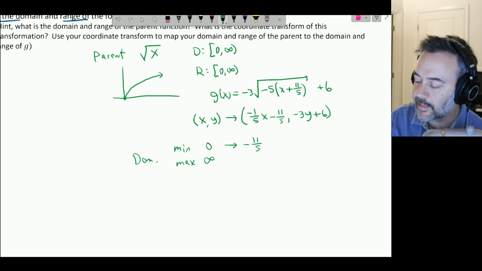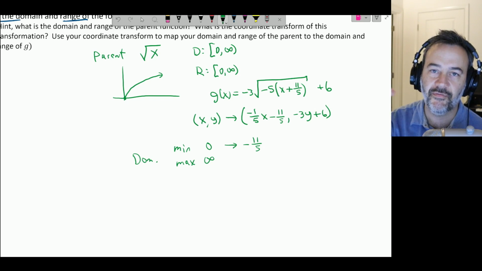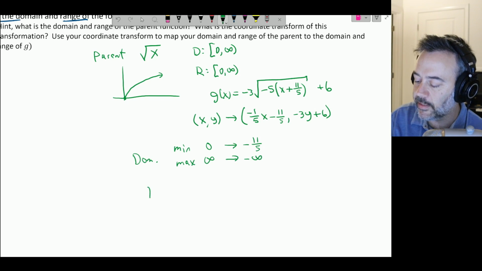Well, negative 1/5 times infinity is negative infinity. It flips the domain around the other way. So this becomes negative infinity, and the range, min max, is 0 to infinity. So 0 maps to 6, and infinity maps to negative infinity.